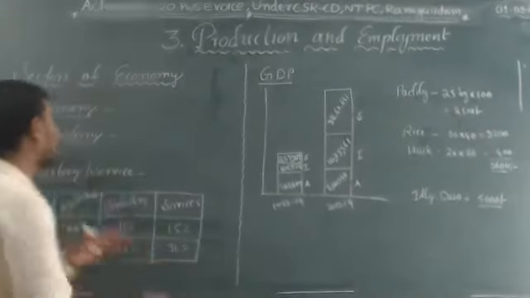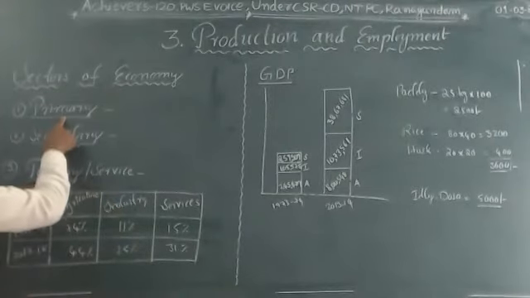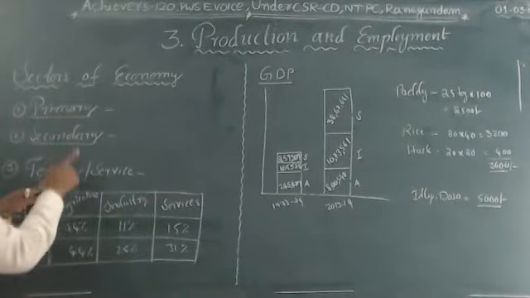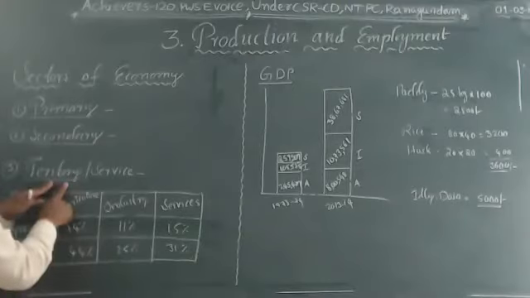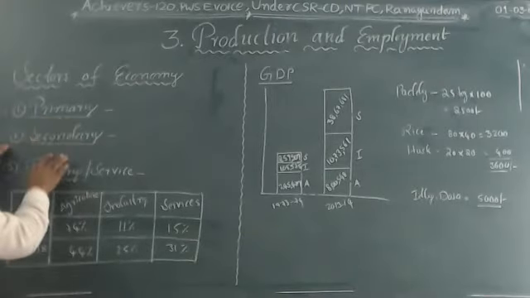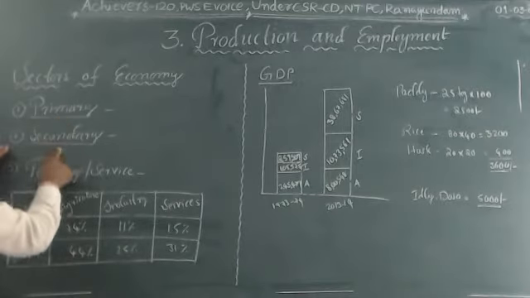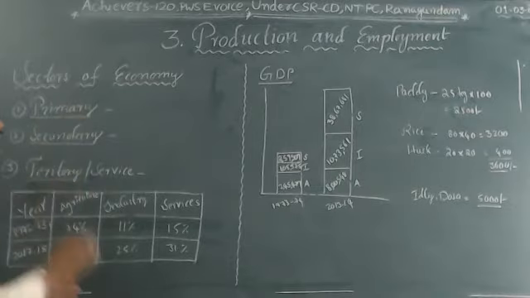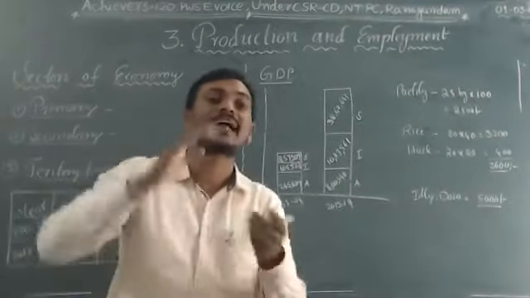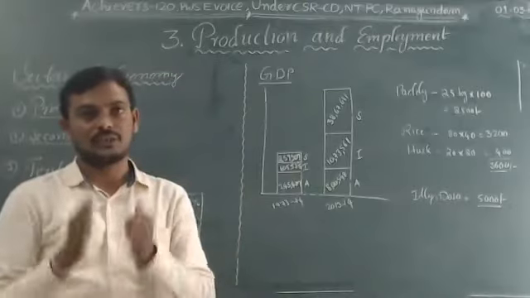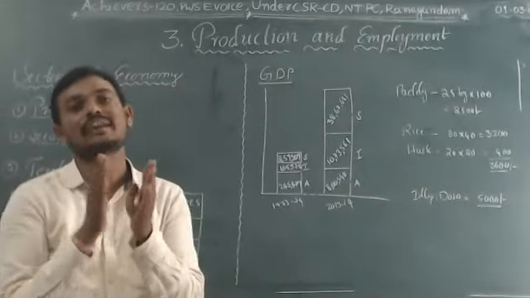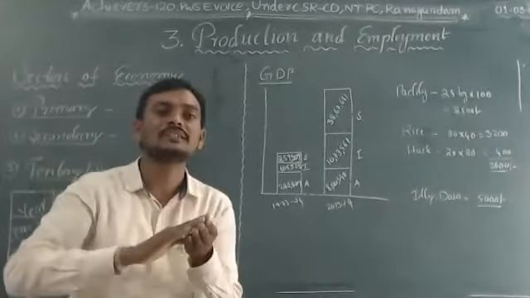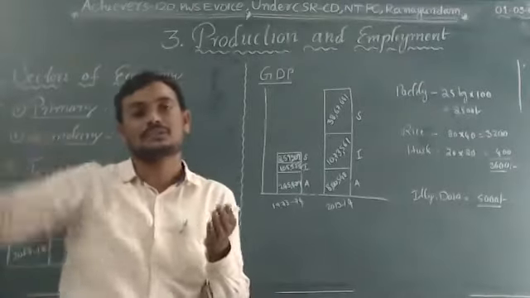Clear? The primary and secondary sectors need the service sector, but the service sector doesn't need the primary and secondary sectors. Remember the sentence. For example, transportation is required for the primary sector for transporting food grains. The farmers produce food grains, and those food grains need to be transported to the markets.